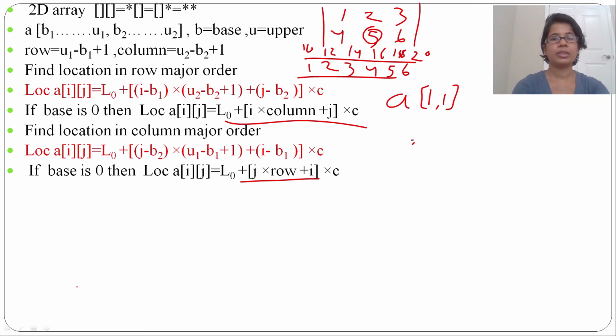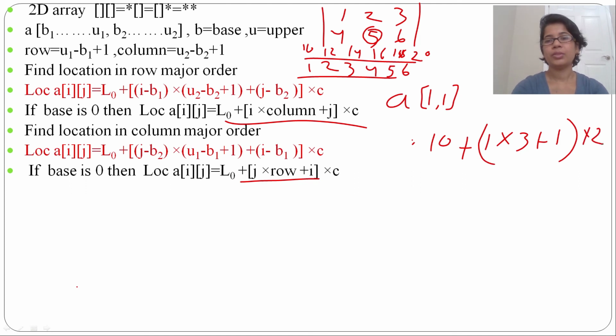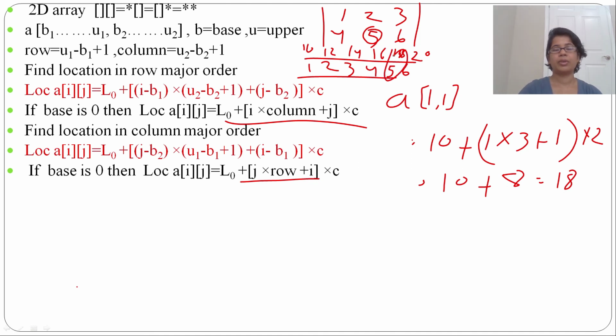You can just put it in the formula. The base is 10, plus i, that is 1, into columns, here 3 columns, plus j which is 1, into C which is 2. So that will be 10 plus 4 into 2, that is 8, so that will be 18. You can see 5 is saved at 18. This is just a basic formula, you can just use this.